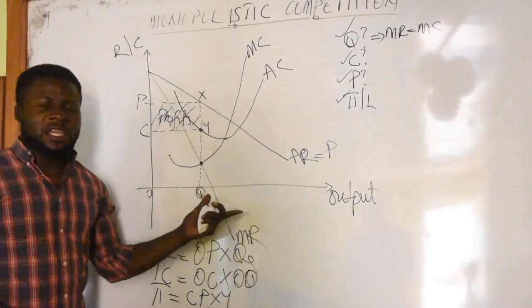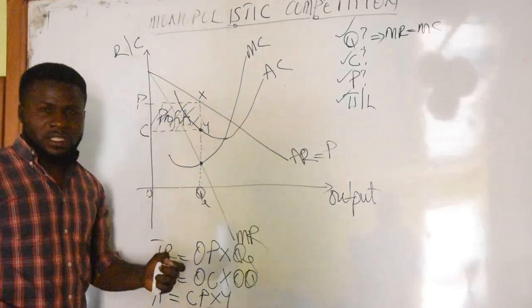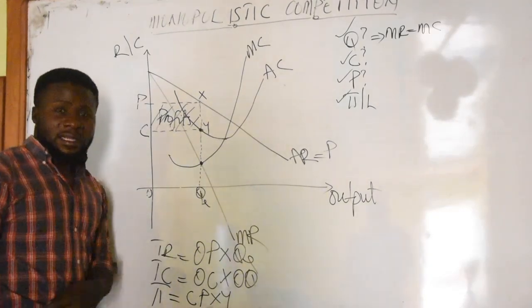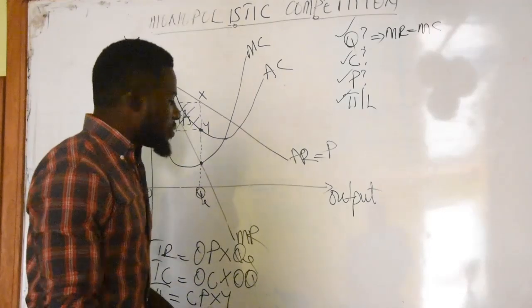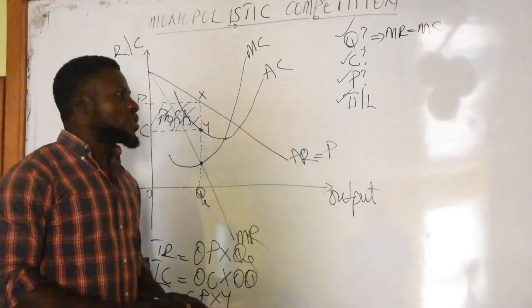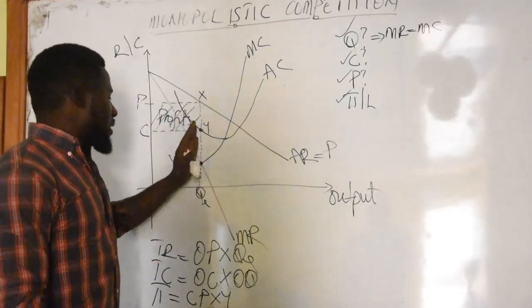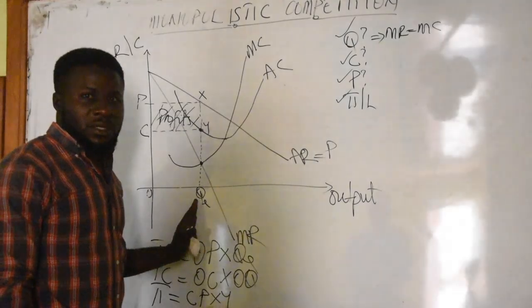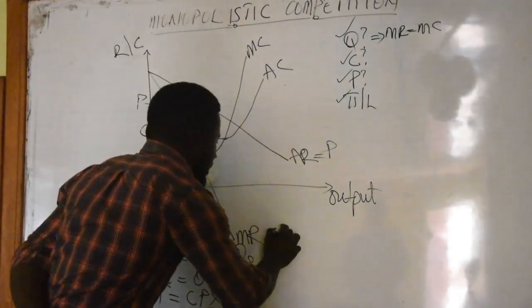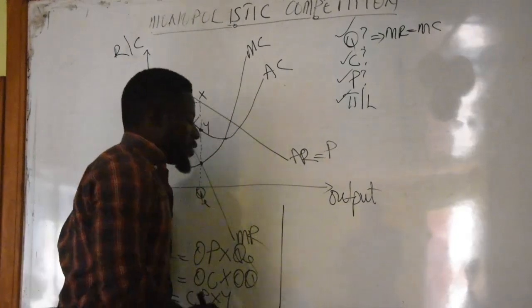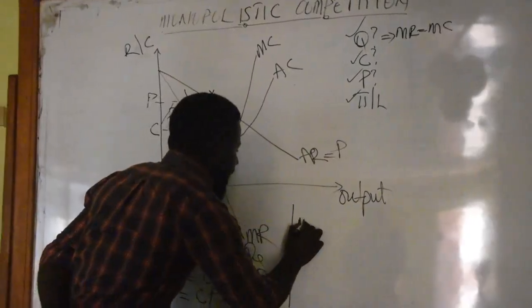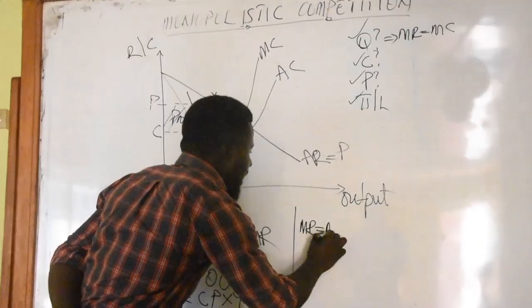Now, to determine the profit maximizing output situation of this firm, as I said in the previous lesson, this is very simple. We are just going to judge everything from this output line. The profit maximizing output situation of this firm is given by MR being equal to MC.